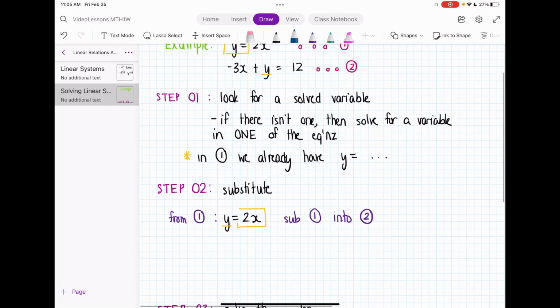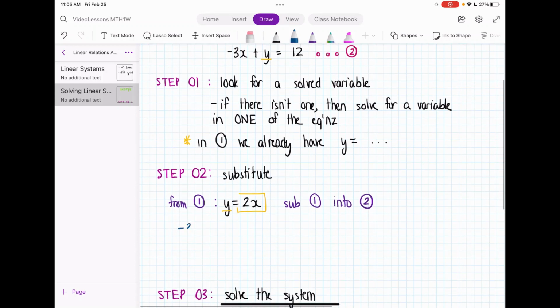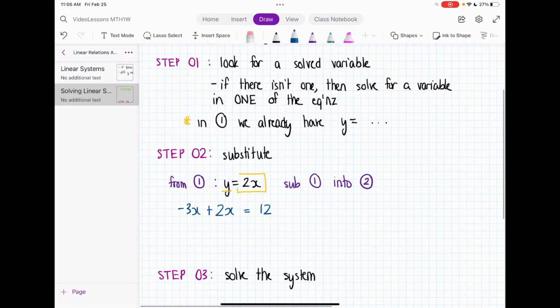So equation 2 said negative 3x plus y, but now instead of saying y, we say 2x equals 12. And now we can solve. So here I'm going to change this step to say substitute.